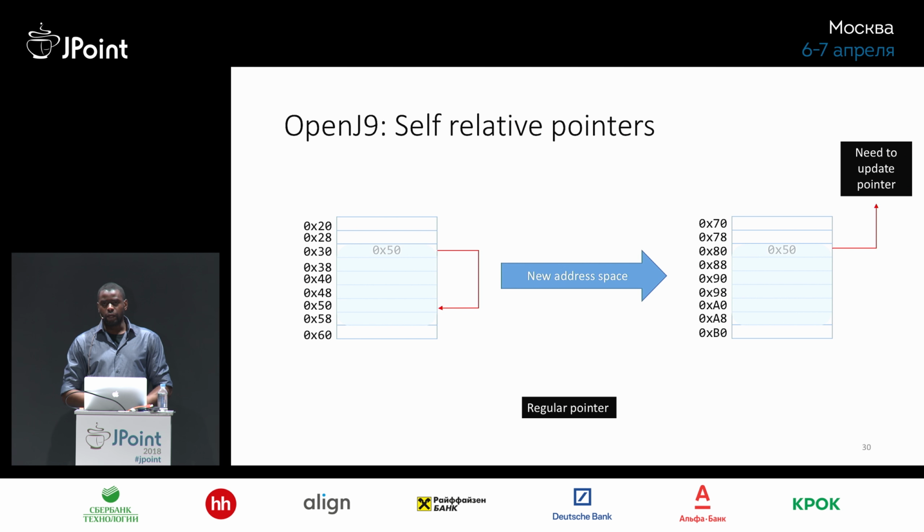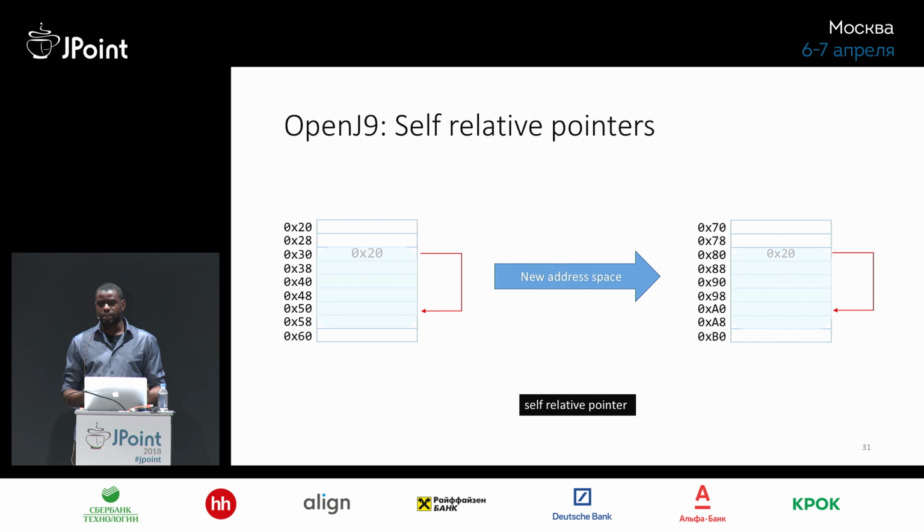The benefit of SRPs is that they are position independent. All of the data is relative, so the structure can be mapped anywhere in memory space, and it still works. In this slide, you can see that moving a structure with a regular pointer means that you have to update all of its pointers. In our case, this is not possible since it's ROM, so we can't write to it again.